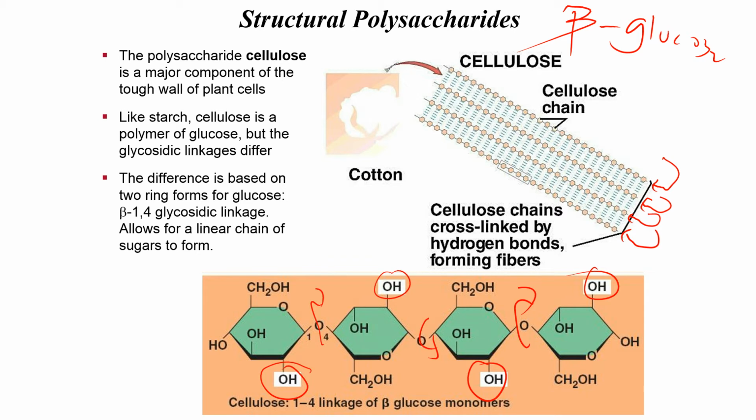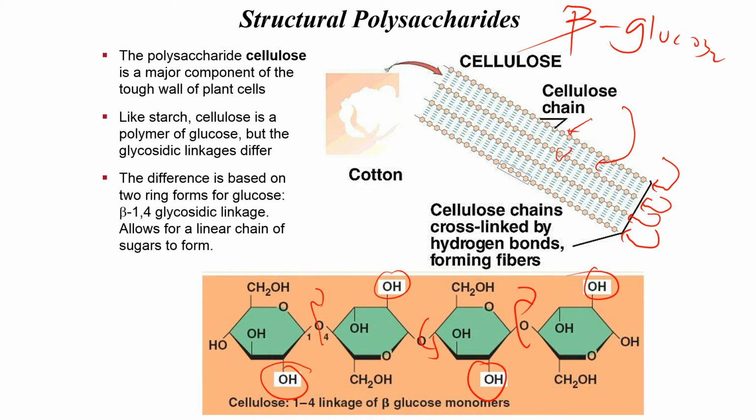Now, it's all held together. One chain is held to the next chain through hydrogen bonding. So basically the OH group on one of these glucose molecules here can form a hydrogen bond with this one, and so on.